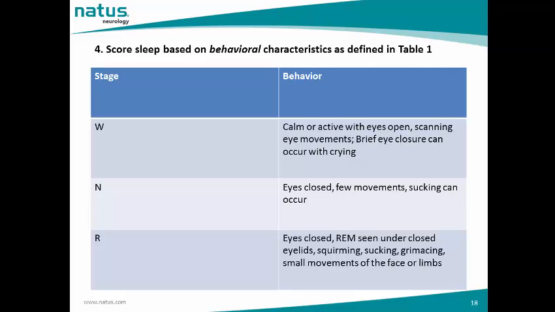This table describes the behavioral characteristic per each sleep stage in infants.